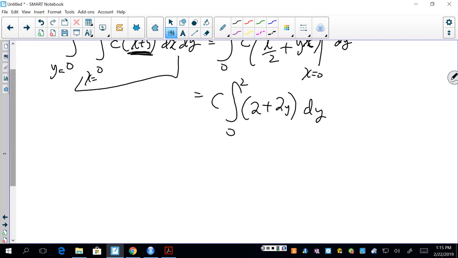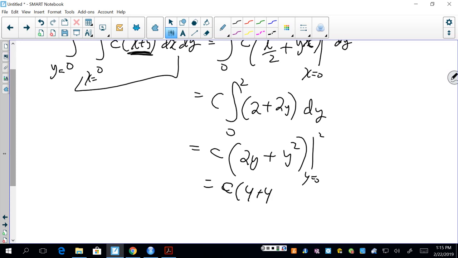And then we're down to just a single integral, so 2 times y plus y squared over 2, the 2's cancel, and you evaluate that at y equals 0 and 2. So it's c times 4 plus 4, or c times 8. And because it's the density, that thing's supposed to integrate to 1. So we have to have that c is 1/8.